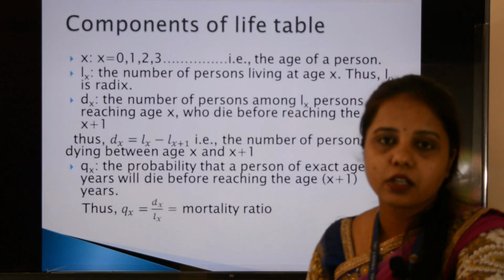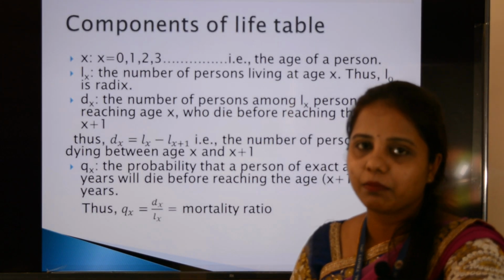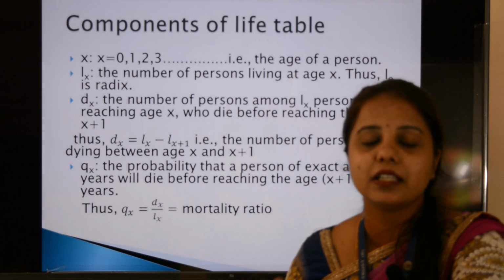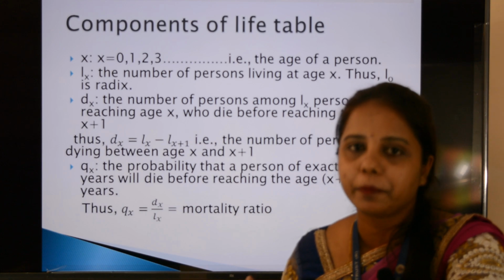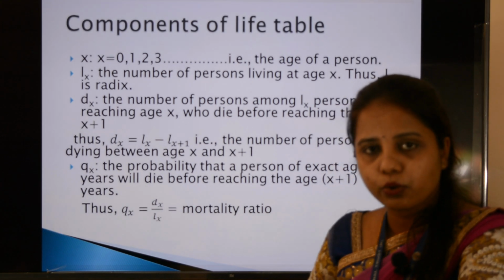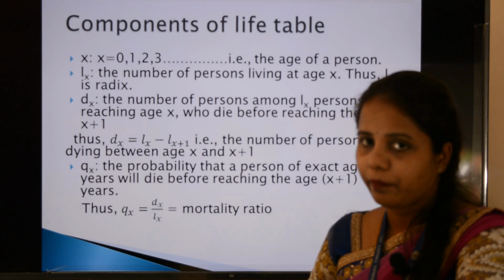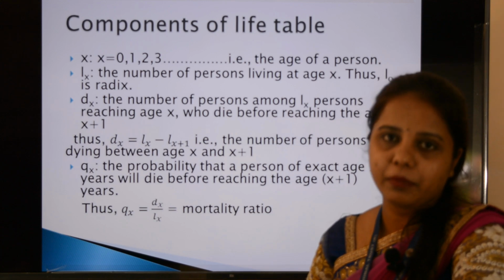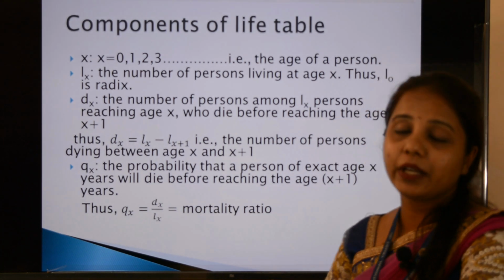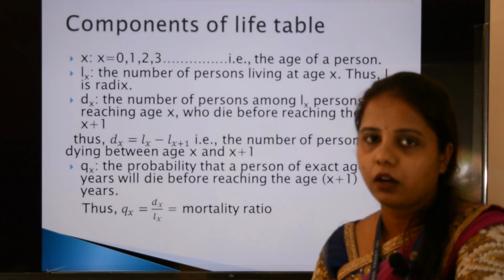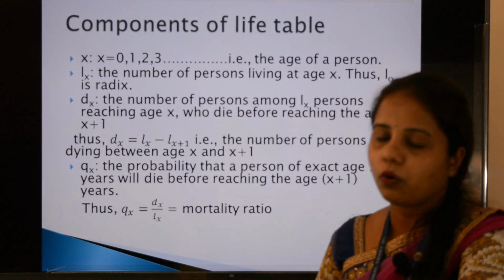The first component of life table is x. What is x? Here x is simply the age of a person. So that will be 0, 1, 2, 3 and so on. Here 0 represents a newborn baby, so the age will be 0. 1 means the baby is of age 1. So 2 and so on.